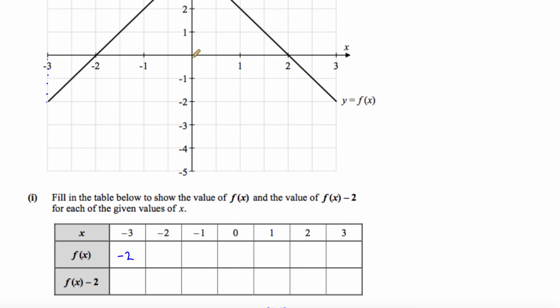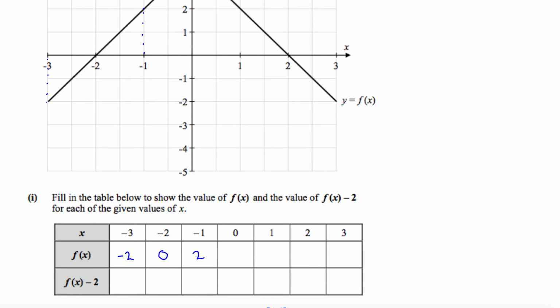And when we're at minus 2 on the x-axis, f of x is 0. When we're at minus 1 on the x-axis, we have to go up to 2 on the f of x axis.